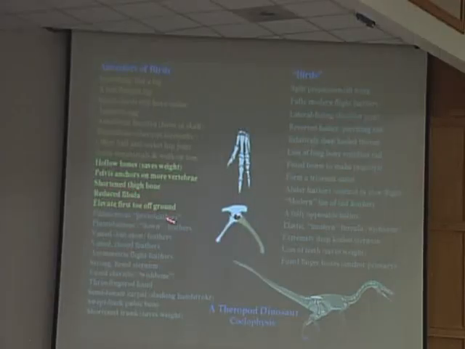A theropod dinosaur like Coelophysis. This had hollow bones, as birds do. A pelvis anchors on more vertebrae, as in birds. It has a tremendously shortened thigh bone right here. A reduced fibula, elevate the first toe off the ground. We'll skip over that.